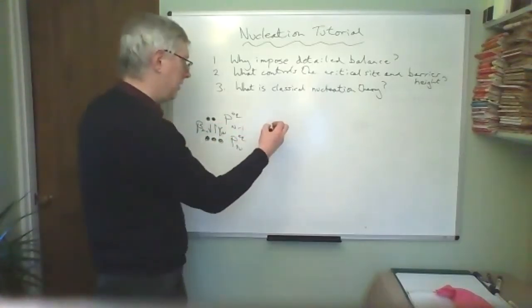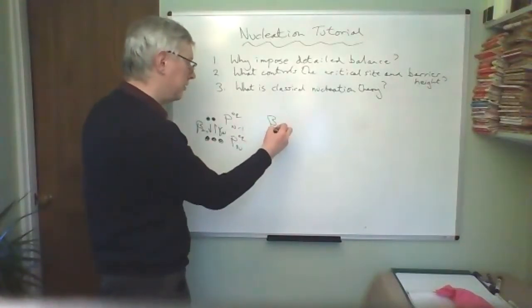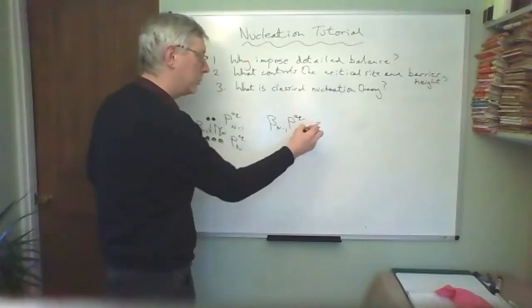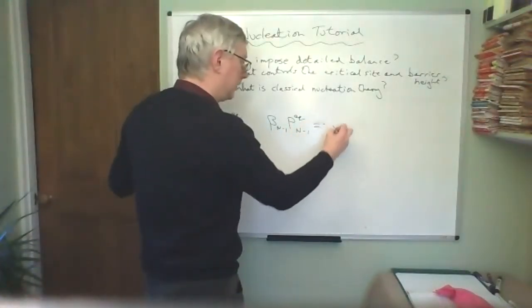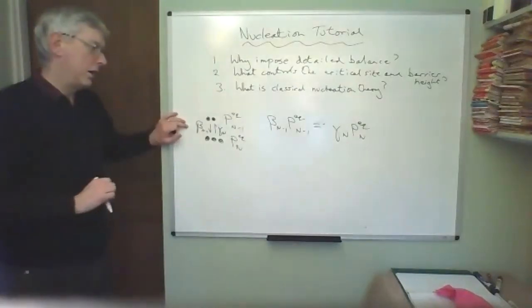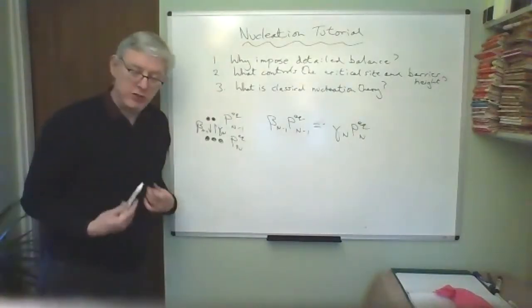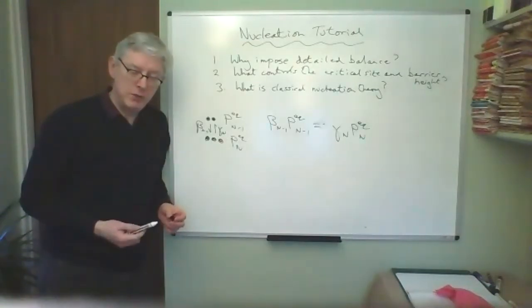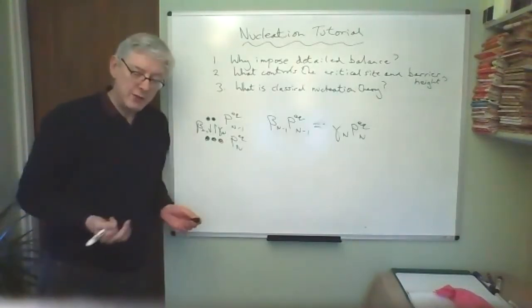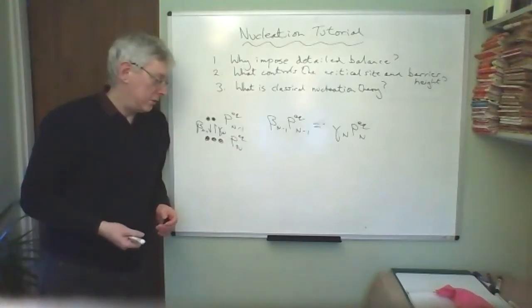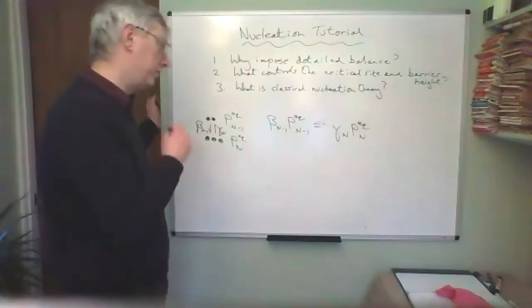Detailed balance is what I've just said. So beta of n minus 1 times p equilibrium of n minus 1 is equal to gamma of n times p equilibrium of n. We know this has to hold because it's referring to equilibrium probabilities. And this is the very definition of what equilibrium means, that there is no net flow between different macrostates. Indeed, between microstates also, but in this case, between macrostates.